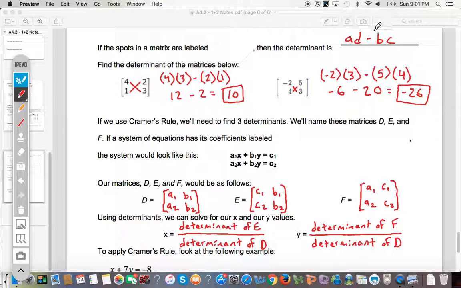So we do AD minus BC. So, for example, the determinant of D would be A1 times B2 minus B1 times A2. Okay? So then we get that value, that determinant of D, and it would be our denominator for x and y. Okay? So let's look at an example.